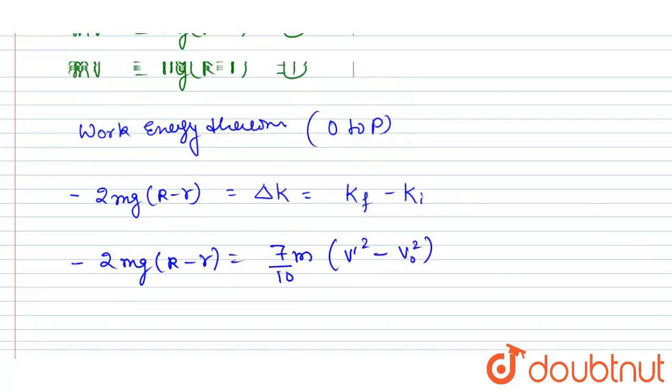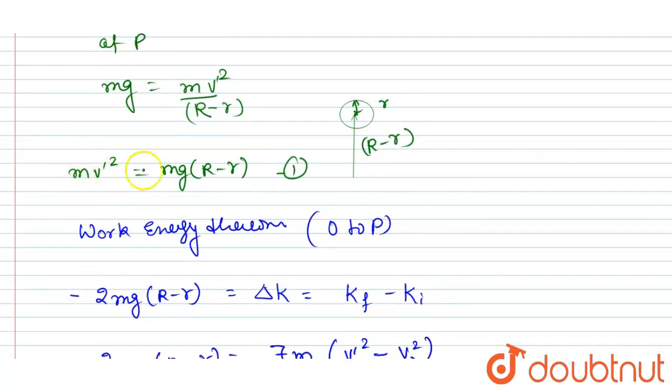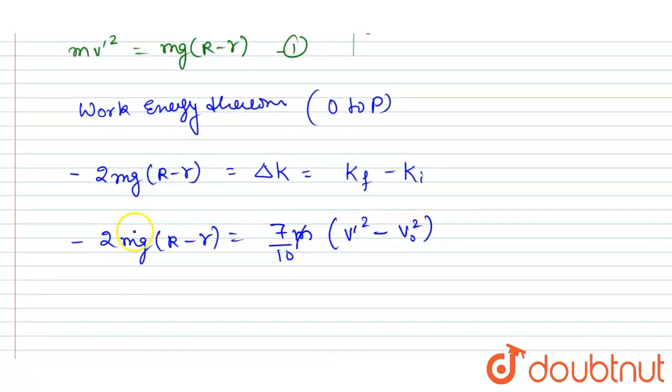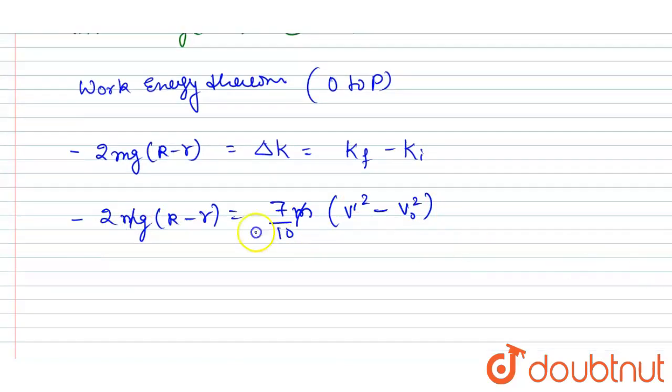We already calculated m v dash square, so put in the value, cut the m, and from here you will get v naught square equals 20 by 7 g into R minus r, plus v dash square. This will be the v naught square value.